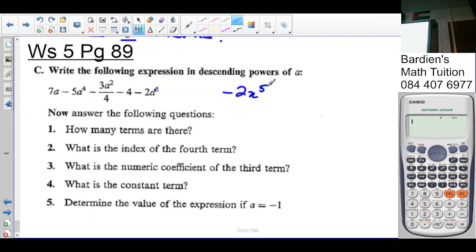Then negative 5x or a, sorry. Why am I writing it x? It's a.